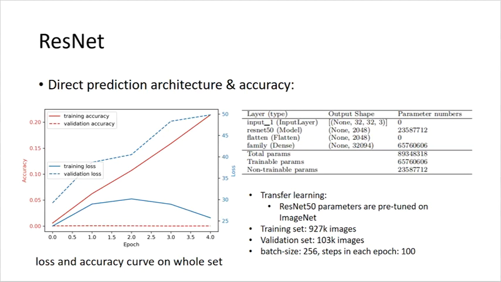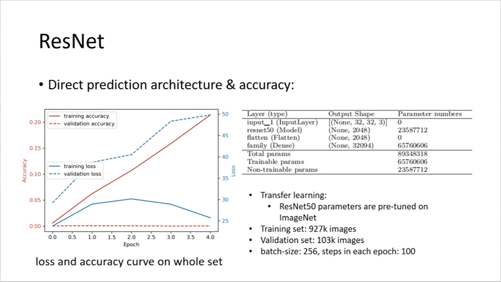After a test on the toy model, we began to train on the whole dataset. We used the ResNet 50 and the pre-tuned parameters from ImageNet. We fixed those parameters during our training. It reduced the computation complexity. And we added additional output layers to the ResNet 50.